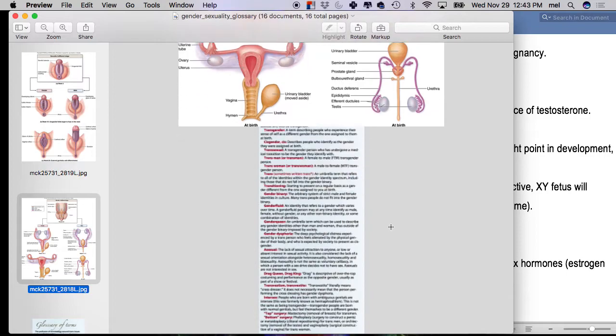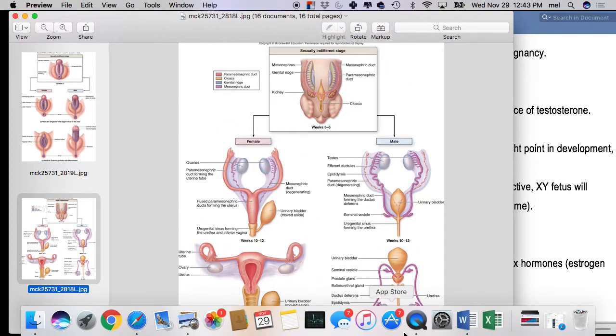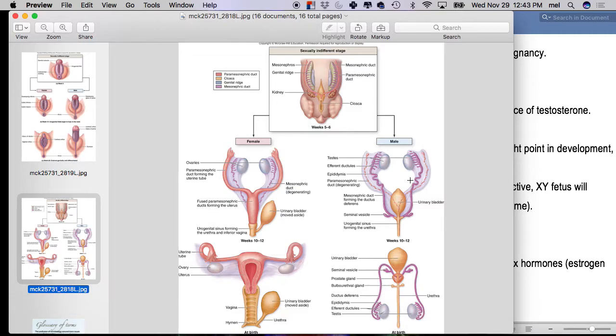And then you try to hit it with testosterone to go from here to here, but you're insensitive to testosterone. So you end up looking between these two. You actually never get the continued development of the female. So basically take this one right here, okay, and take off the uterus and the fallopian tubes, and you'll imagine what the internal reproductive tract would look like.